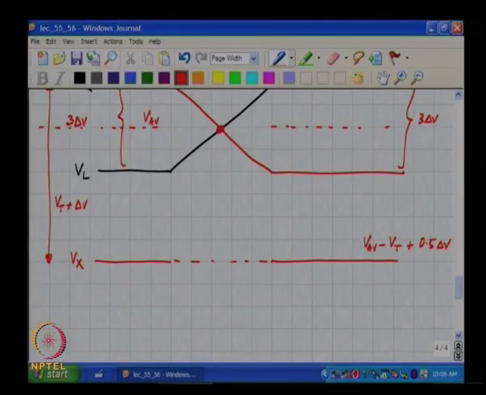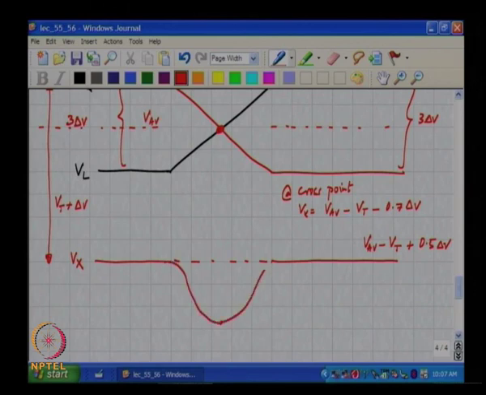Vx must be V average minus Vt minus 0.7 delta V. So, what happens in the middle? Will it go down or go up? It will go down. So, without getting into the details of the waveform, at least one thing you can say is that the waveform actually dips. You understand?